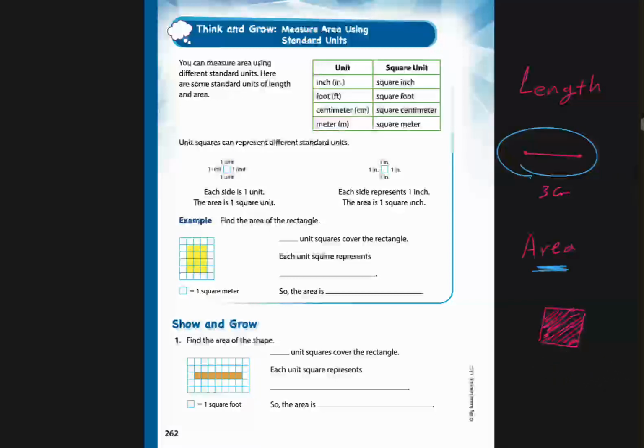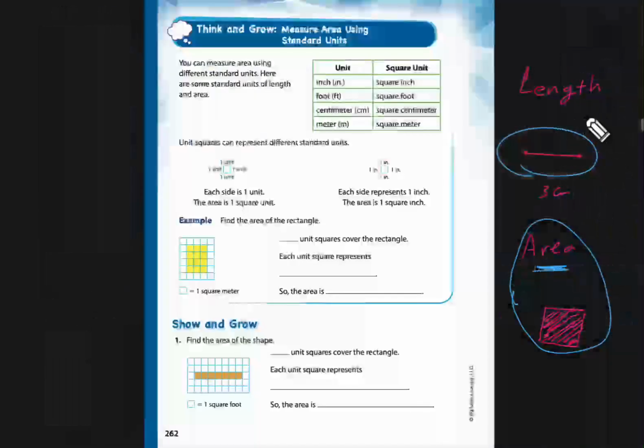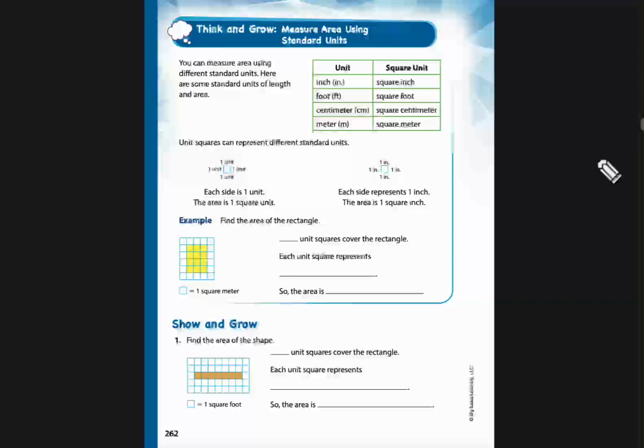This is the difference again, my heroes. The length is a line segment, and the area is inside the shape. So for lengths, we are dealing with line segments, and for area, we are dealing with shapes. Okay, I will erase this, and let's see what we have in this page.